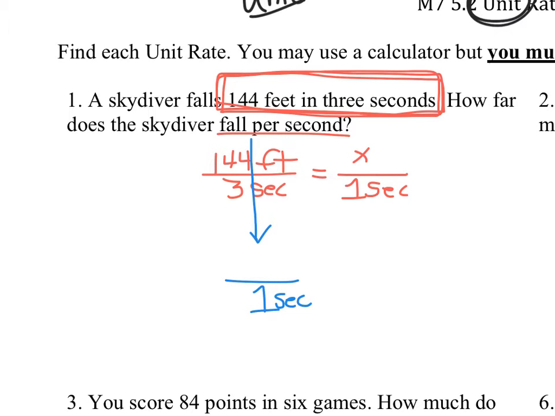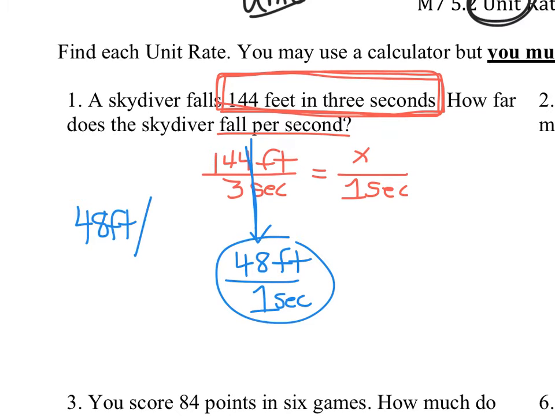So let's try it both ways. 144 divided by 3 is going to be 48 feet in 1 second. And that would be your answer. You will see that written like this: 48 feet per second.